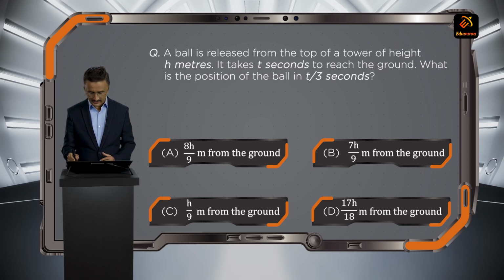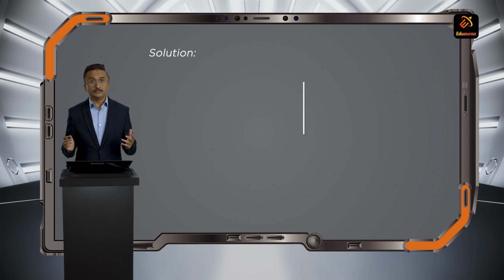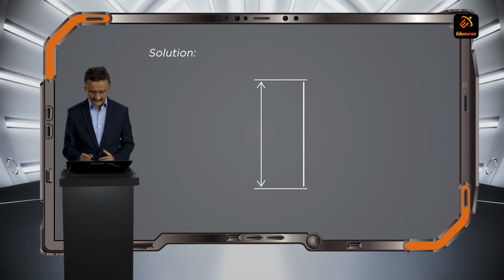So let me draw the diagram. Suppose here we have the tower, and the height of the tower is h. Now from this height we are going to drop the ball, or we are going to drop the stone, whatever it may be. And if the body is released, the initial velocity u is equal to 0.